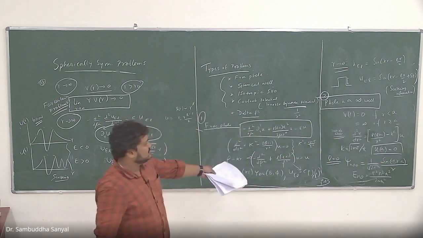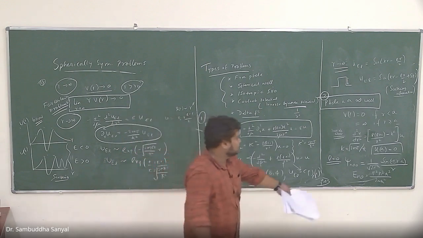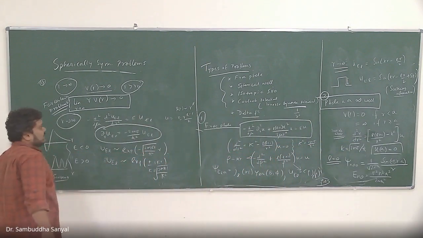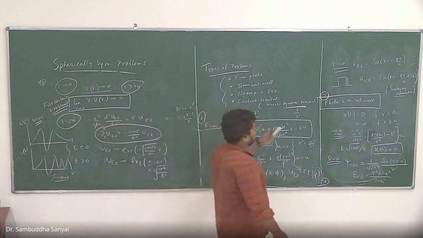The l not equal to 0 solution will of course depend on l because this part is there, and that will be again some spherical Bessel function. So let me just write it down here.